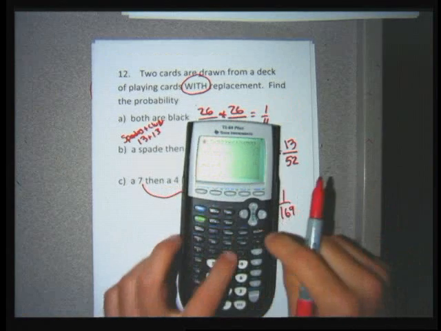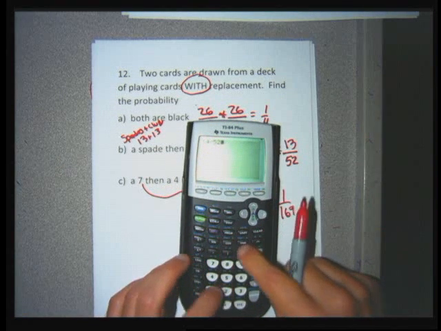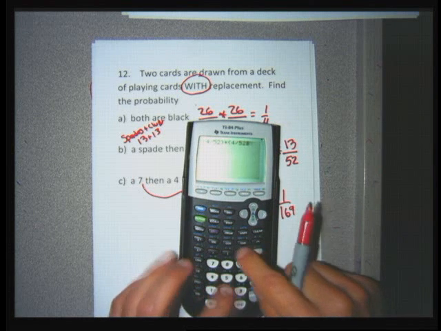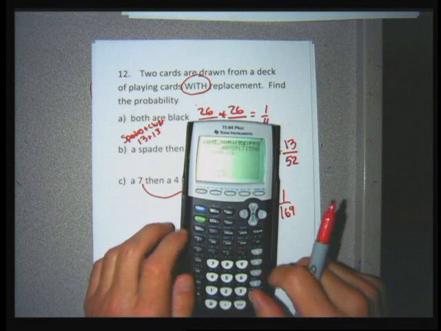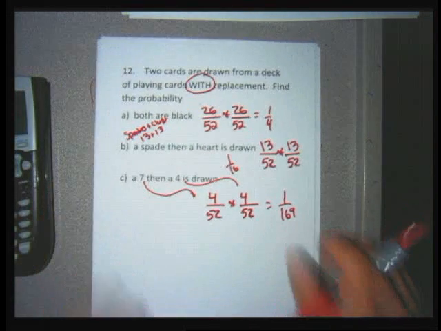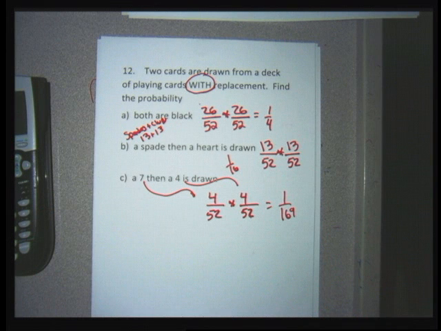If I do this, I'd go 4 divided by 52 times 4 divided by 52, math, enter, enter, and it gives me the 1 in 169. So every probability answer that I give, I'm going to make a reduced fraction. Unless the fraction doesn't reduce, then I could either give the non-reduced fraction or a decimal approximation with 3 decimals worth of accuracy.